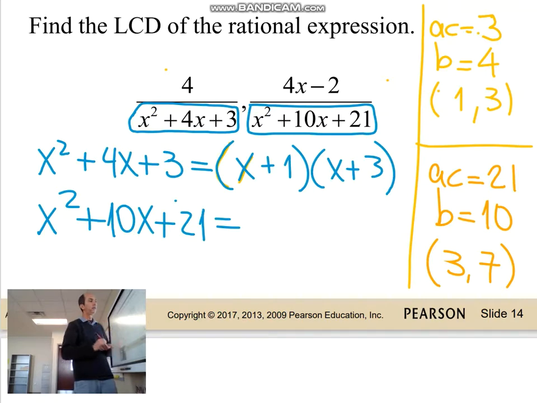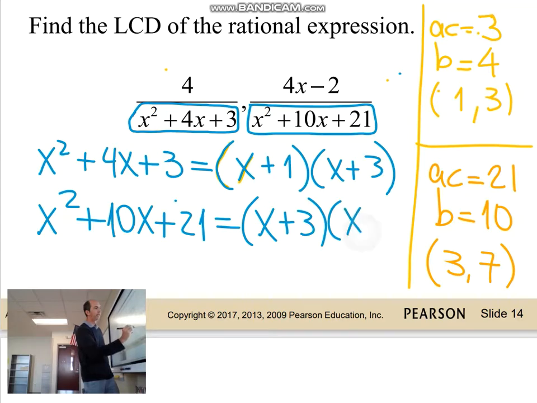What you have to do is write on a piece of paper a few combinations: 21 is 1 times 21, 3 times 7. So you're going to find on scratch paper a few combinations and find the right one. It takes a little bit more time. I'm just saying it quickly because I already know the answers. I know, it's not fair. Okay, this is x plus 3 times x plus 7.